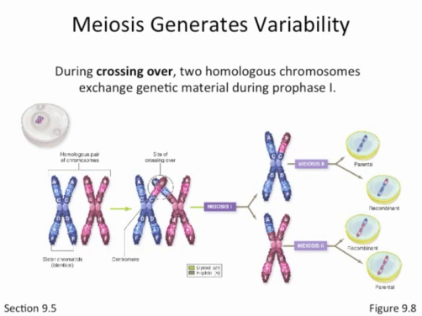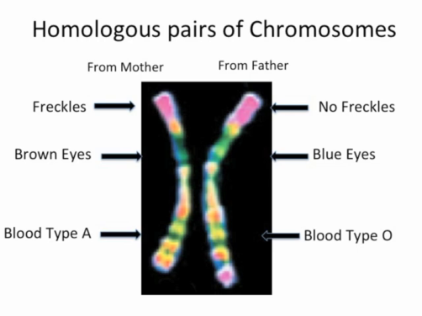So how this is going to relate to genetics is, here is going back to homologous chromosomes where I labeled potential kind of genetic traits.